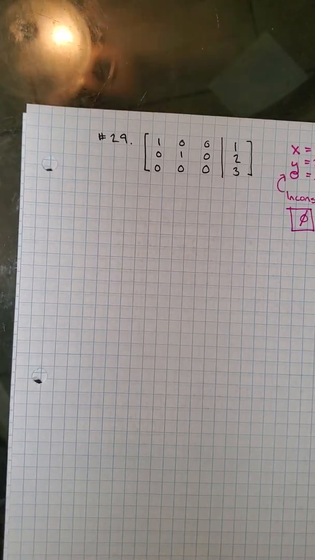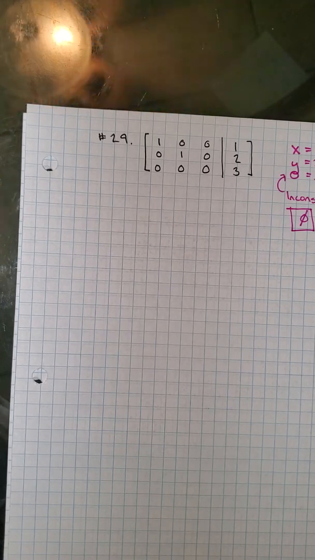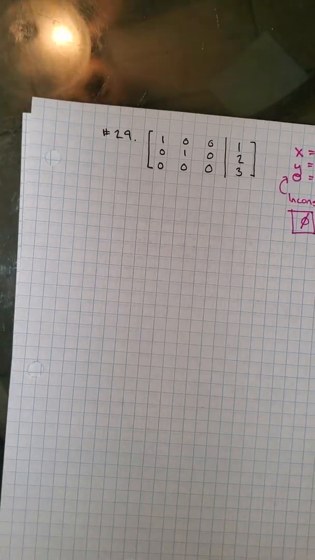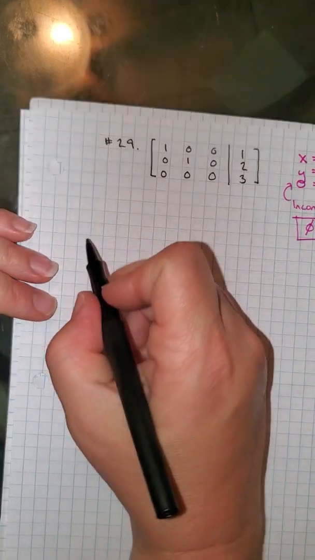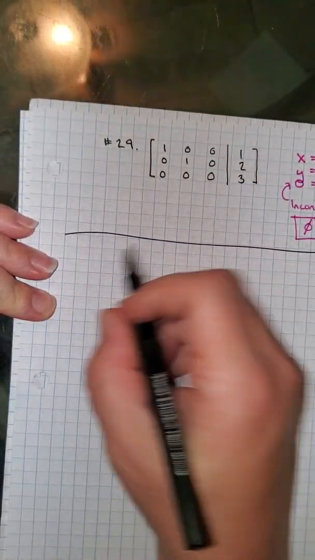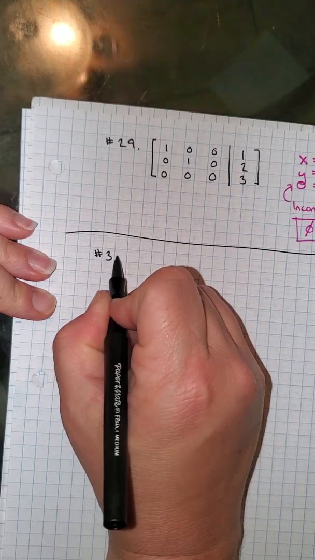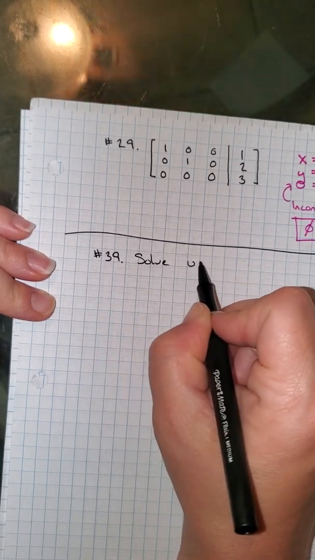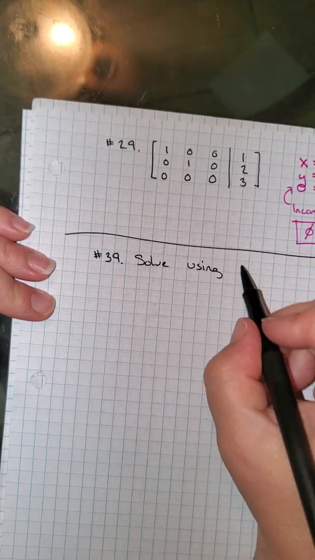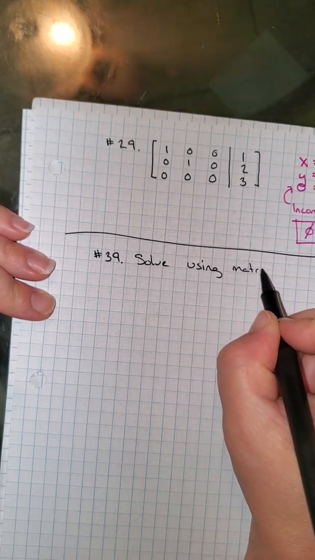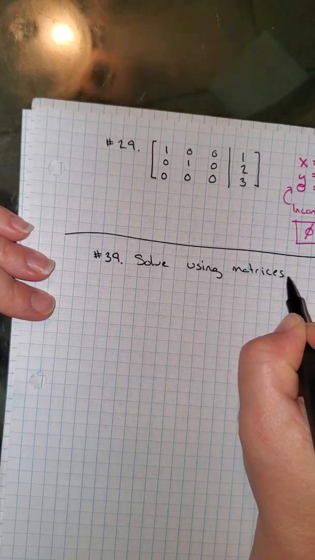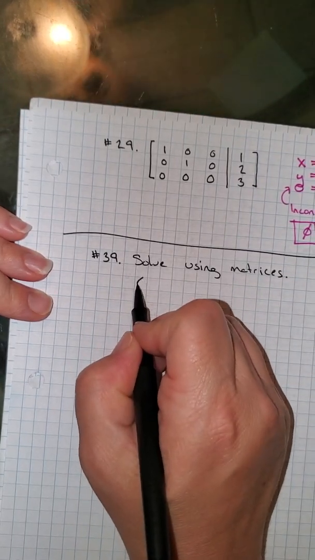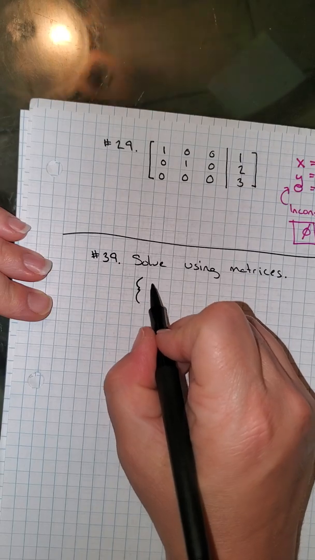All right, let's look at number 39 where we're asked to solve the system of equations using matrices. I'll do that without a calculator, and then I'll show you how to do it with a calculator. So you can do it either way.